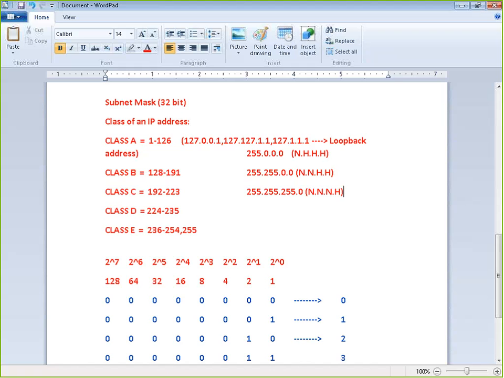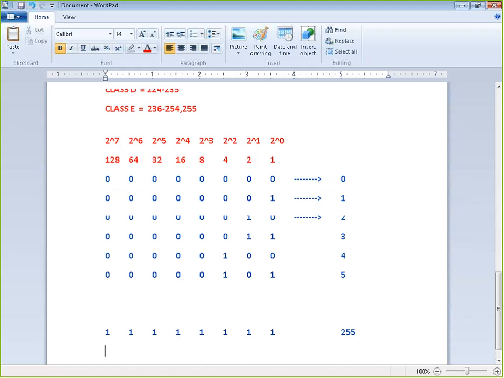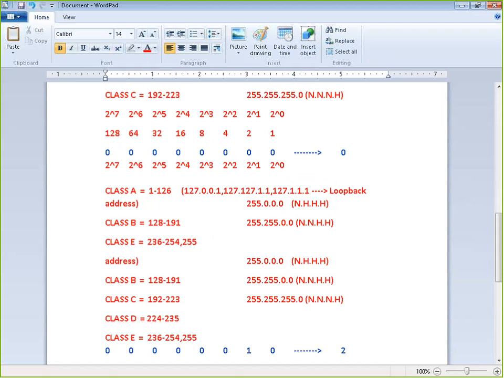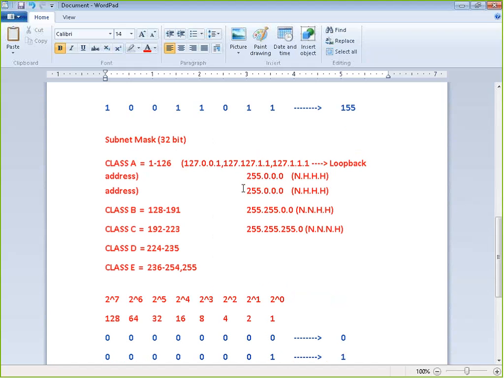Great. Now let's get on to the next portion. Given an IP address and a subnet mask, we are going to determine first what the class of that IP address is, and then what the network address and the host address are. That's what we are going to calculate. Now, whenever we talk about the subnet mask, this is how a subnet mask is represented.